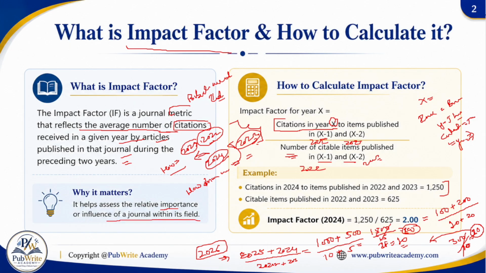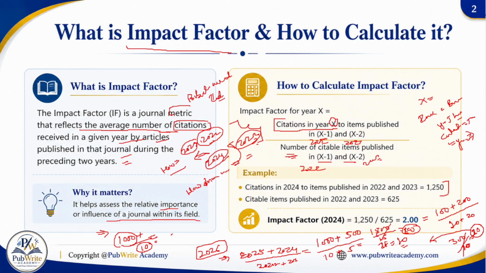Let's suppose a journal received more citations on fewer documents. Say a journal only published 10 citable papers, but it received 1000 citations. That means each paper published in that journal received around 100 citations in that time period. Here also it is the same. If the impact factor is 10, what does it denote?